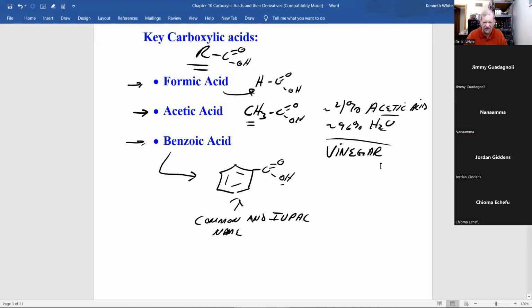It's a preservative. So formic acid, when R is a hydrogen, that's in the fire ants. That's what they use with water. I hope I never see one anywhere. That's the fire ants, part of their defensive weapon.